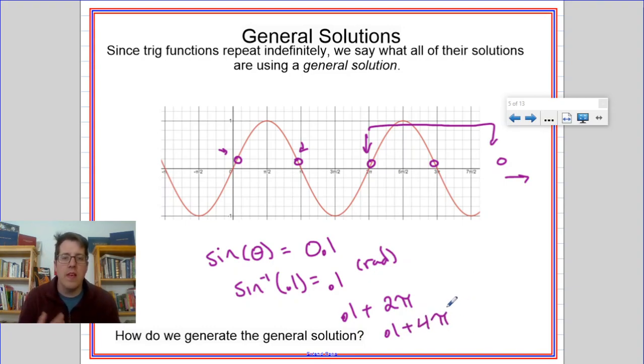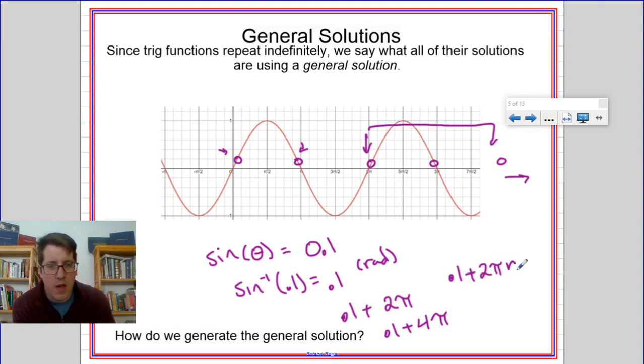So the way that we would list all of those solutions is we would say 0.1 plus 2 pi times n, where n is an element of the integers. So when n is 0, it would be 0.1 plus 0. When n is 1, it would be 0.1 plus 2 pi. When n is 2, it would be 0.1 plus 4 pi. When n is negative 1, it would be 0.1 minus 2 pi, which would be, like over here.